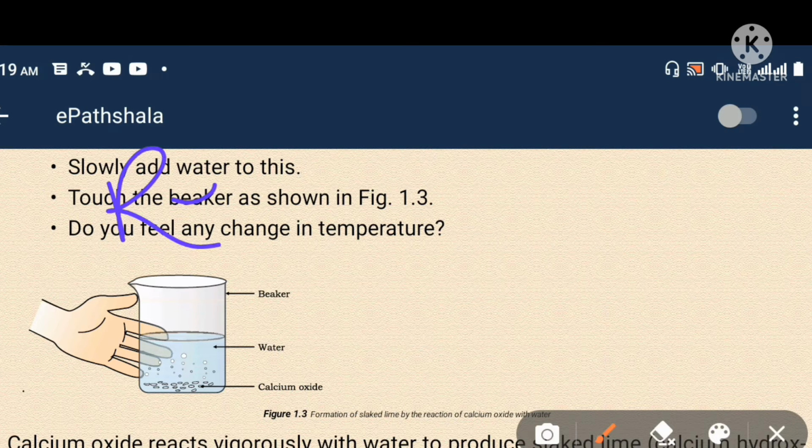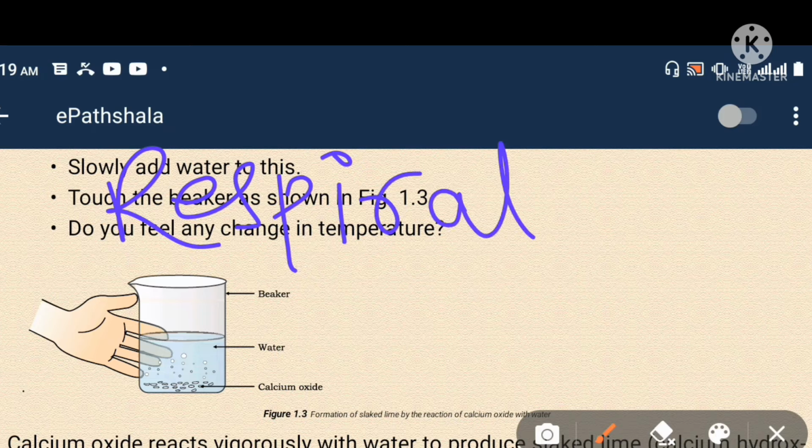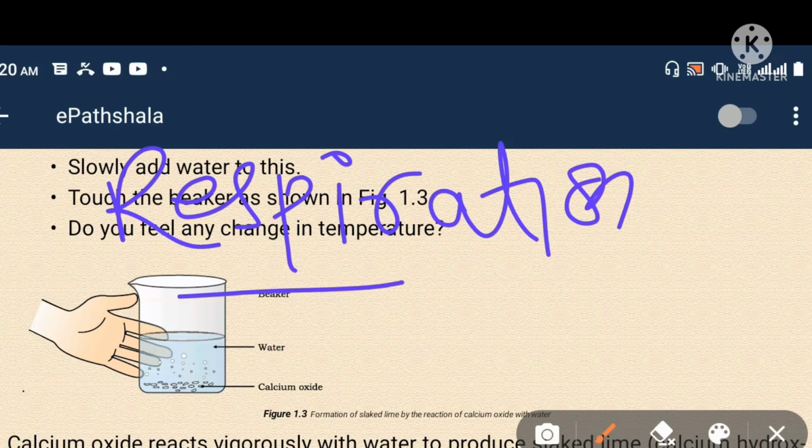Why? The food we eat is broken down into simpler substances like glucose in the digestive system. During respiration, glucose reacts with oxygen in the cells of our body and provides energy.